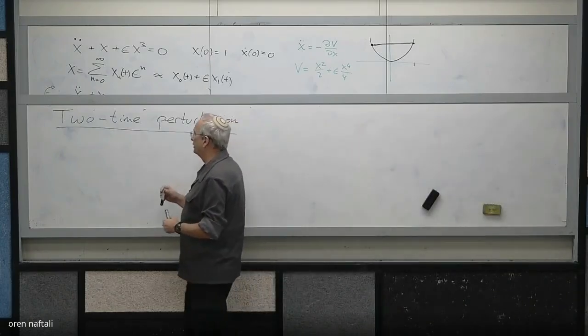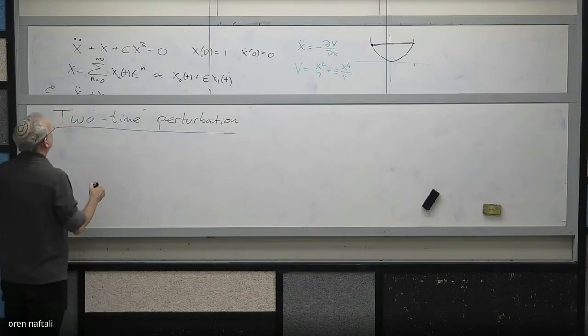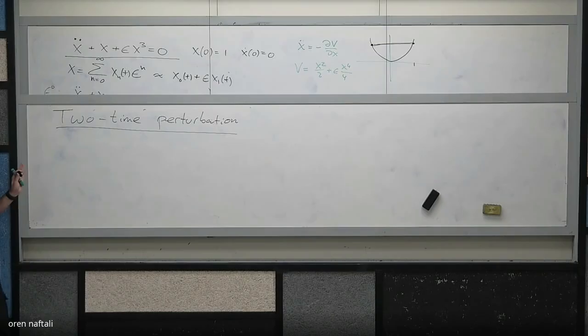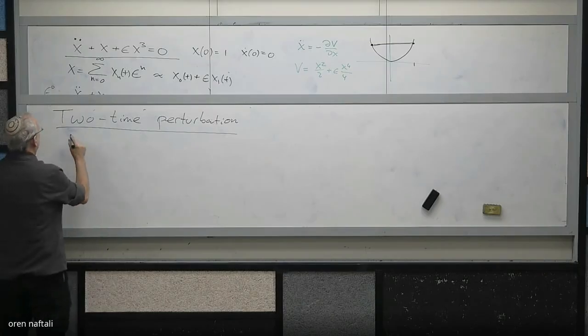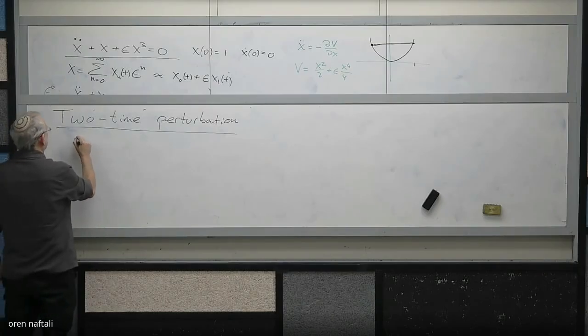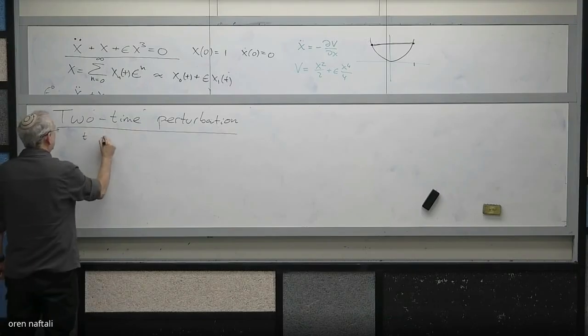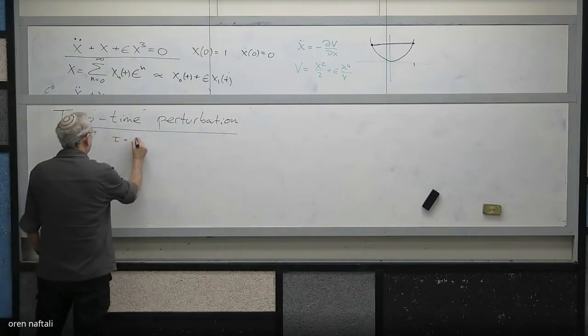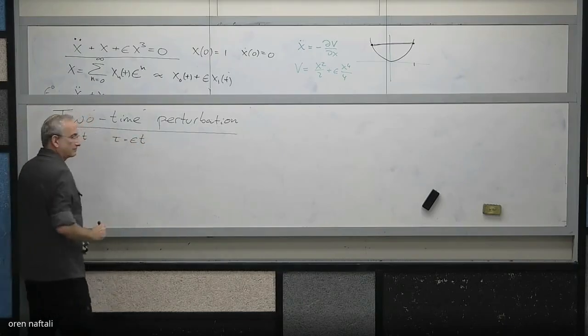So what I'm going to do is to define, okay, this is the equation I'm trying to deal with. I'm going to regard x not only as a function of t, but as a function of both t and another parameter that I will denote by tau, and this is epsilon times t.